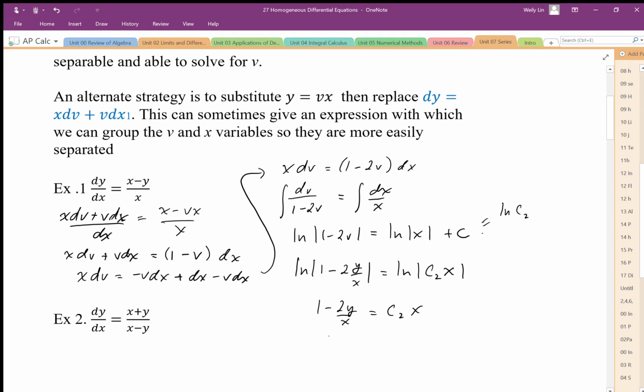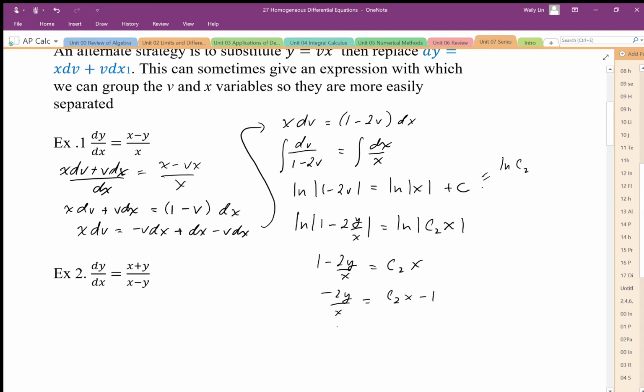So negative 2y over x is equal to c2x minus 1, and then y is equal to negative x over 2 times (c2x minus 1). So there's the solution to this differential equation of x minus y over x.